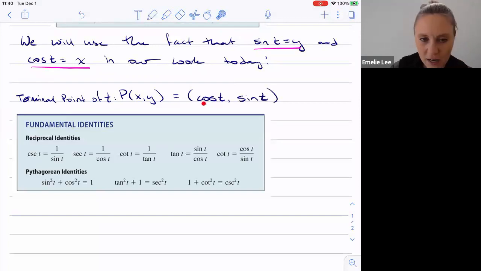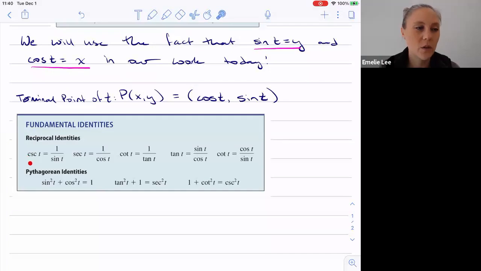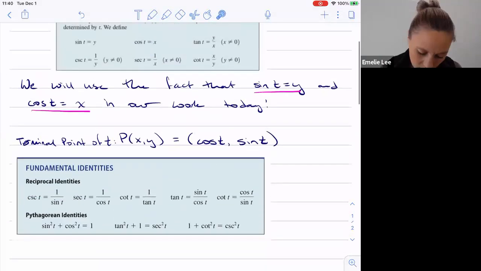Right, so we use this fact that cos t is x and sine t is y. So then if I want to talk about the cosecant of t, cosecant of t is just 1 over y, but y is sine t. So that's how we get from here to the fundamental identities.